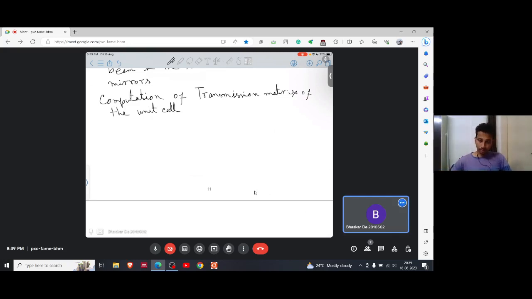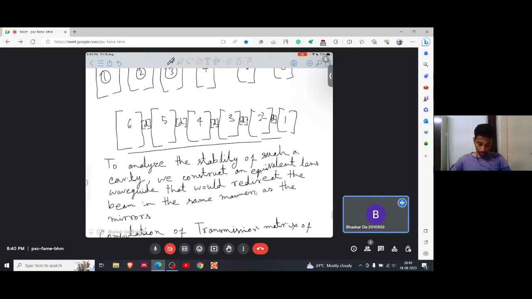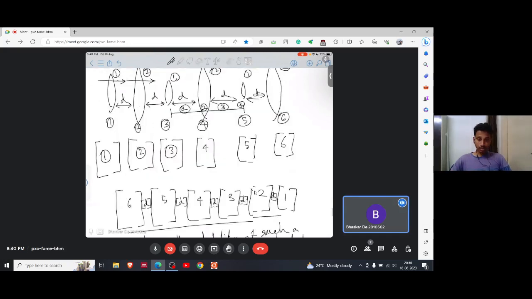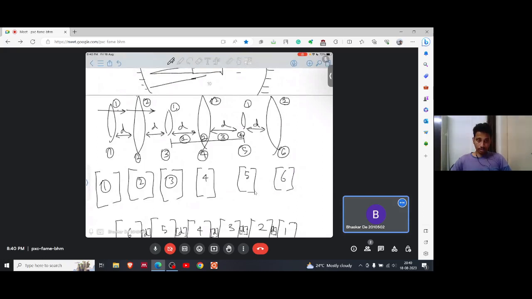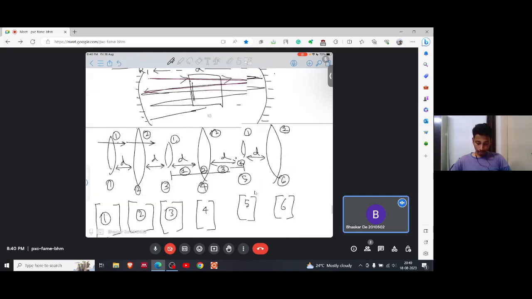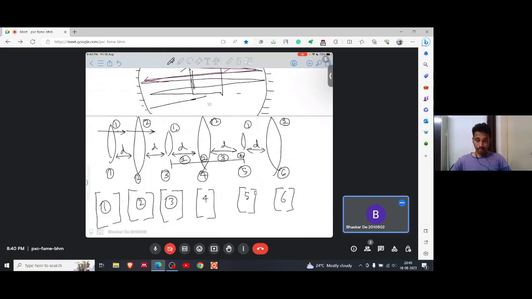The transmission matrix consists of one matrix for free space of length d, then the matrix for a thin lens of certain focal length, or you can say a radius of curvature R2, then a matrix for free space of distance d, then again another thin lens of curvature R1.